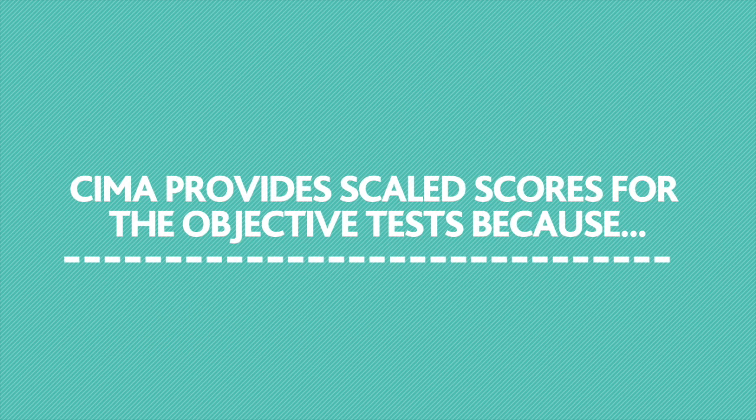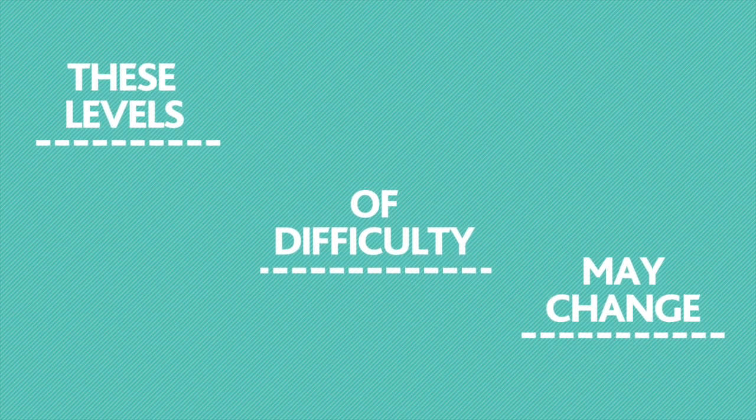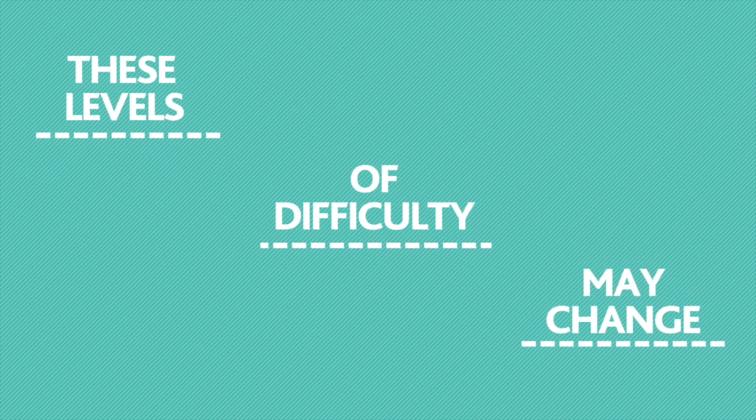CIMA provides scaled scores for the objective tests because there are slight variations in difficulty between versions of the tests, and these levels of difficulty may change slightly over time as the item bank is updated and questions revised.